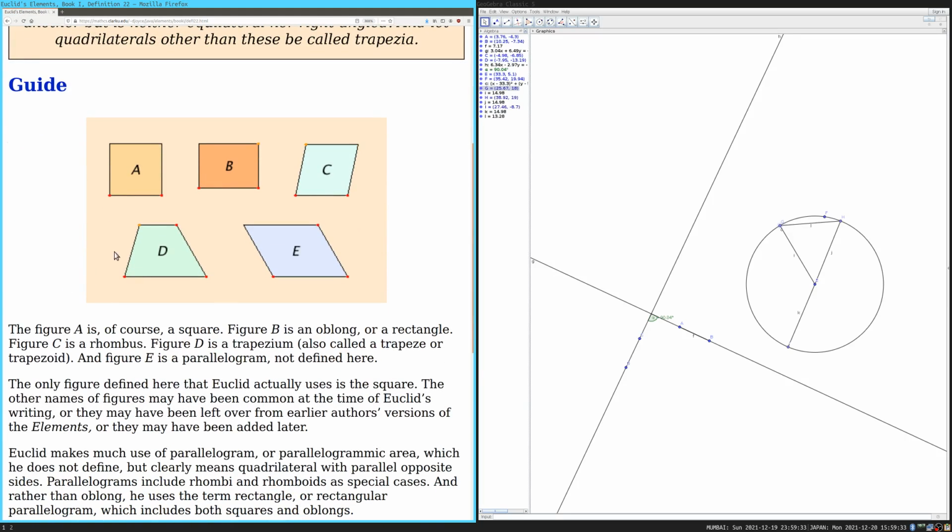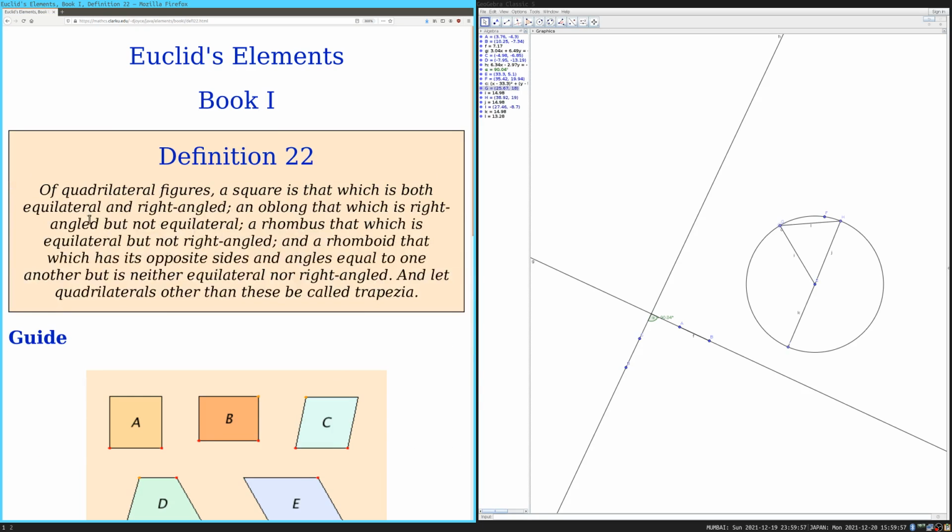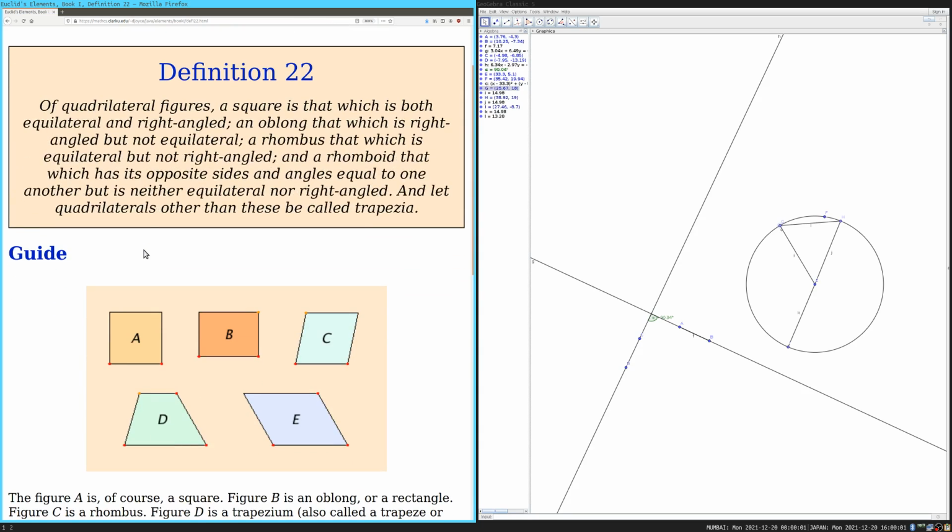So, square, rectangle, rhombus. Okay, trapezoid, I remember that. And E is a parallelogram. Okay, so a rhombus is like a... What's the difference between a rhombus and a parallelogram? I guess a rhombus doesn't require parallelism? Okay, rhombus... all 4 sides are equal.